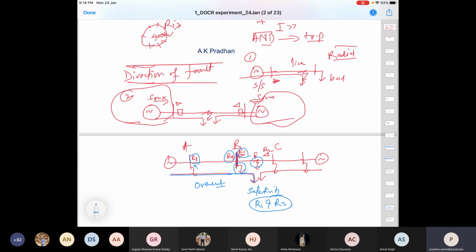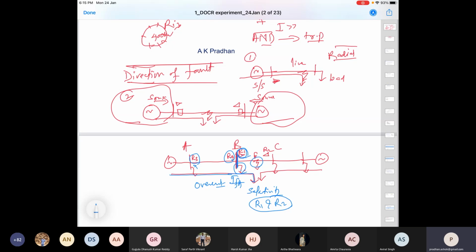At this bus, instead of R4, R1 should trip, because R4 and R1 both will see the same amount of fault current IF from the A side. To discriminate at R1 and R4 that only R1 should trip, not R4, how to discriminate? This is about fault direction.